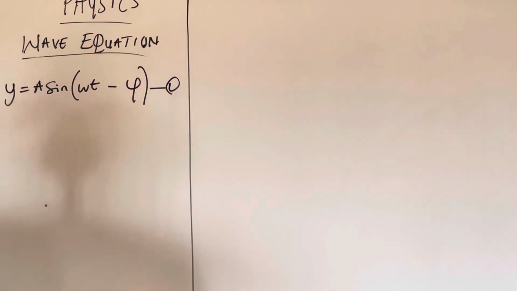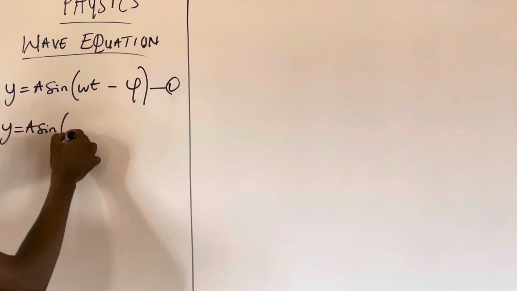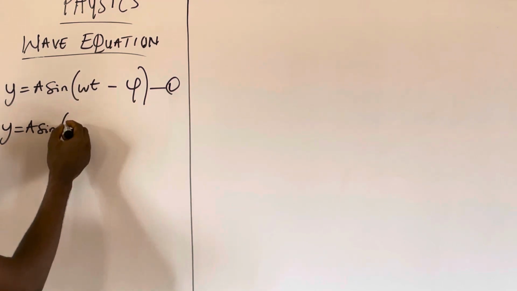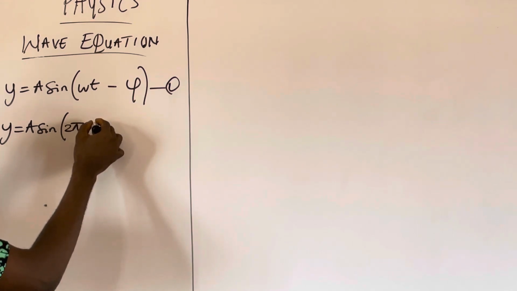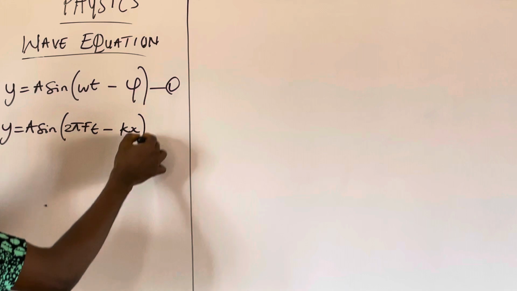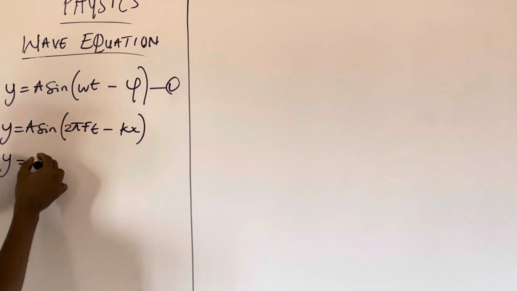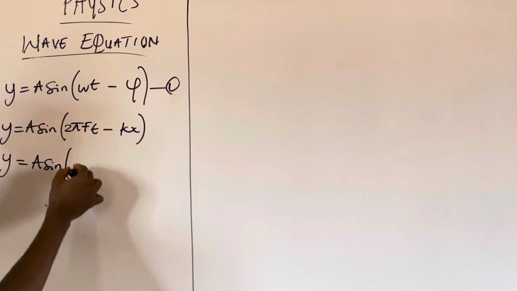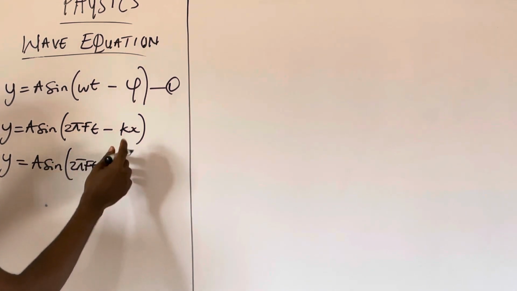Now what does this mean? y equals a sine bracket. What is this w? 2 pi f, then the t there, minus kx, right? Now, y equals a sine bracket 2 pi ft minus, you understand?